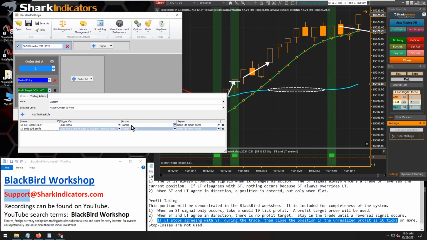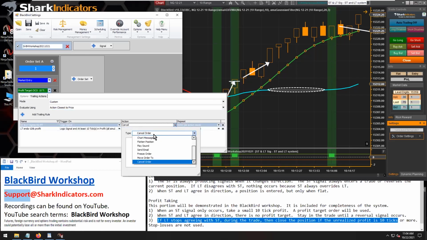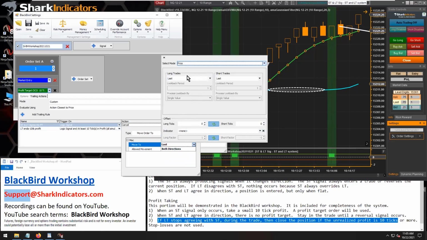So instead of canceling the order, what we'll do is we will move the order to, let's see here, we're going to take the entry price for the trade, and let's just move this order out to, say, 100 ticks. I don't think anybody would be disappointed in taking a 100-tick profit target.